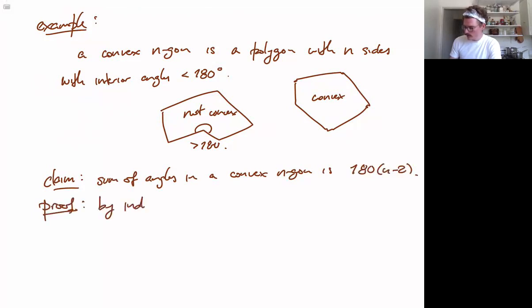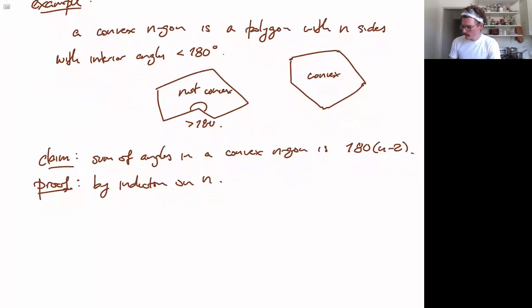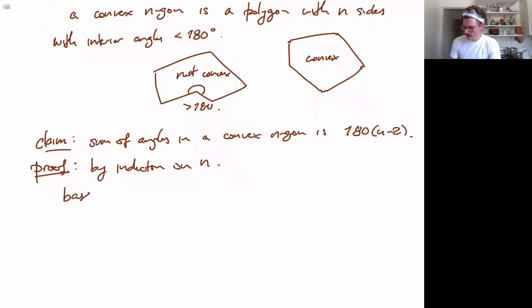We will induct on n, the number of sides of our convex polygon. So the base case. Again, shame on me, I have forgotten to say it in the claim: for n greater than or equal to 3, this is true.